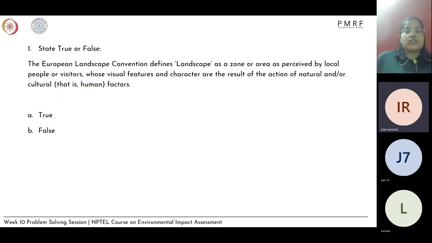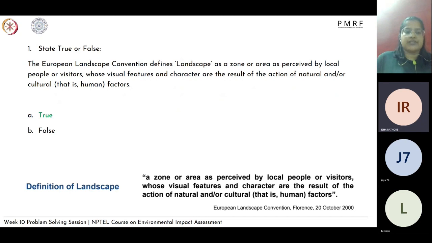This is again based on the definition of landscape which we looked at in the initial slides. Okay, so the correct answer is true. This is the actual definition of landscape as defined by the European Landscape Convention in the year 2000.